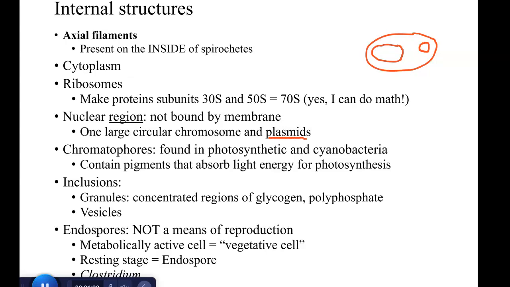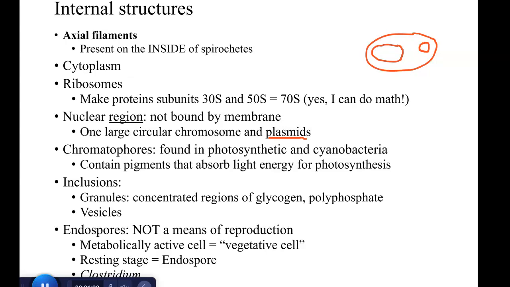So this is not necessary for the survival of the bacteria. These are nice-to-have genes. All of the necessary genes are going to be on the circular chromosome, but some bacteria can have plasmids that can offer some useful genes, like maybe some antibiotic resistant genes. So not all of them have plasmids.